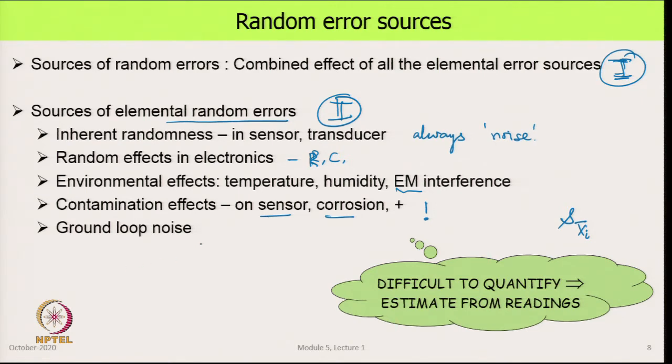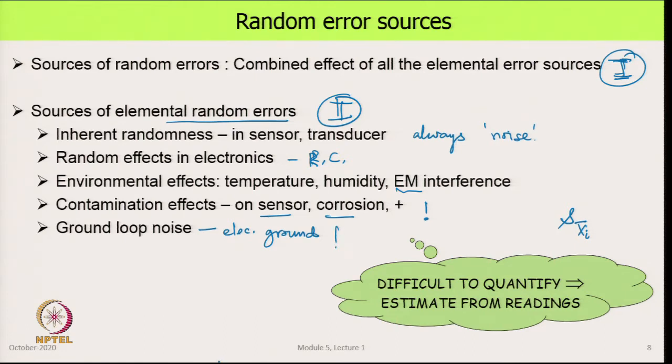Yet another source of error is the ground loop noise. This is something which is inherent in all the places where we are, and this refers to static and electric currents in the ground, ground means literally the ground or the earth, or the floor of the laboratory, because that is connected to the ground of the electric power system, and depending on how well the grounding is done, a machine operating somewhere could influence a measurement done in its neighborhood.